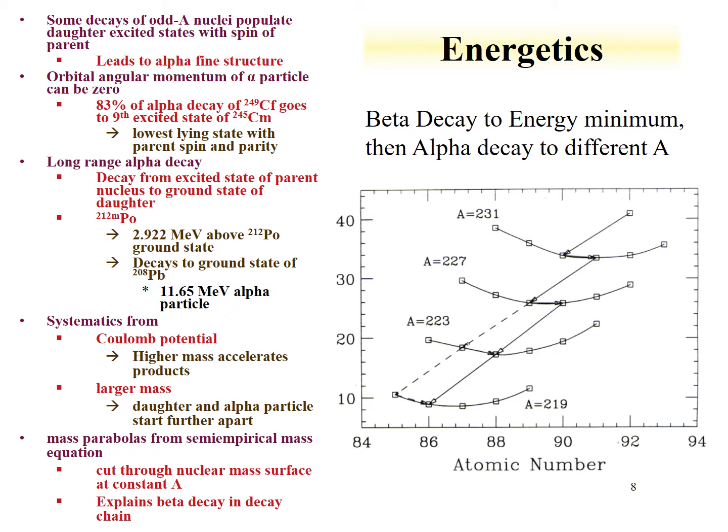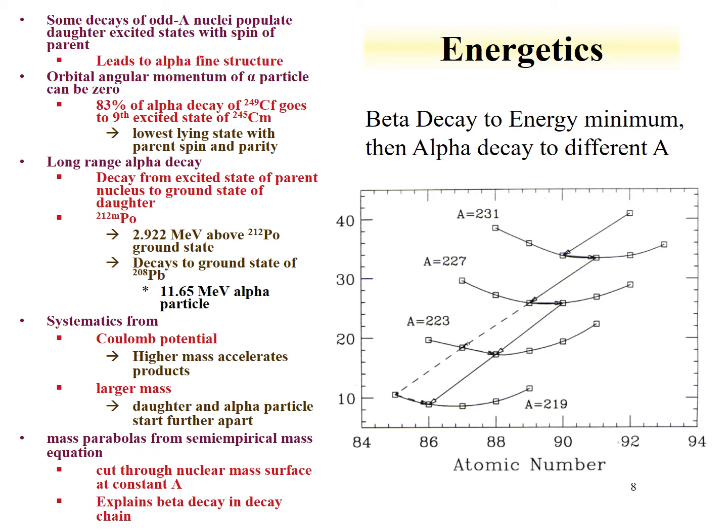And what's interesting about lead-208 is that the magic nuclear properties of lead-208 can help drive that decay from the metastable state all the way to the ground state of the daughter.